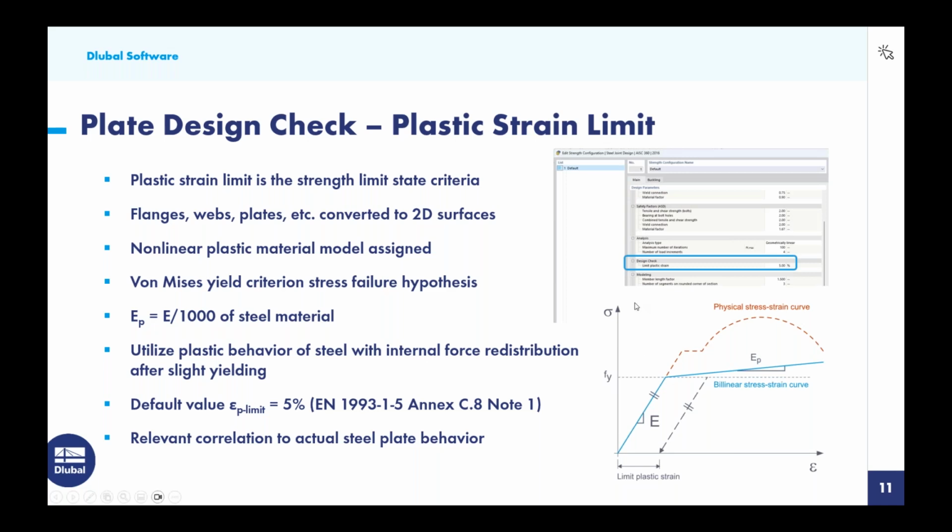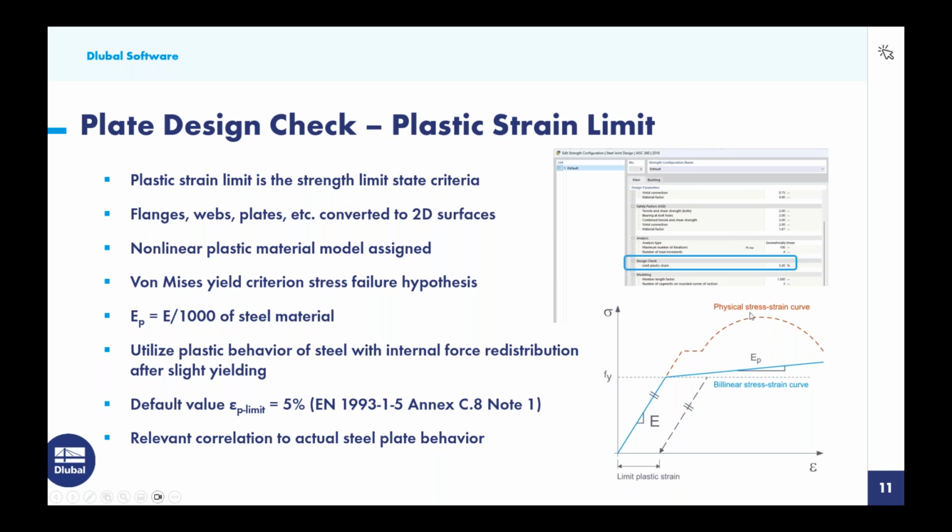So taking a look at the stress strain diagram in the lower right-hand corner, you'll notice that below the yield strength, we have our linear elastic region. But once we reach that yield strength, Fy, we are now in the plastic region. So for a standard steel material, you'll notice here the physical stress strain curve is indicated by this red dotted line.